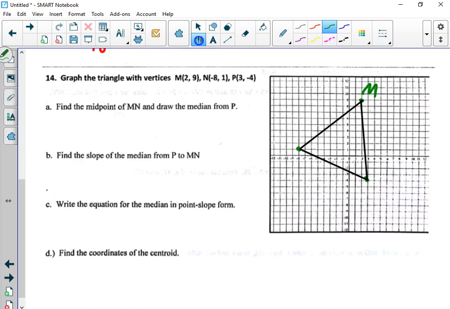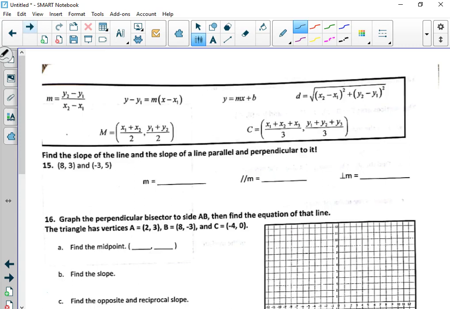I have M, N, P. All right. Now it says find the midpoint of MN. So I'm going to use these 2 points and find the midpoint. The midpoint is just the averages. If you look at the next page, here's your midpoint formula right here.